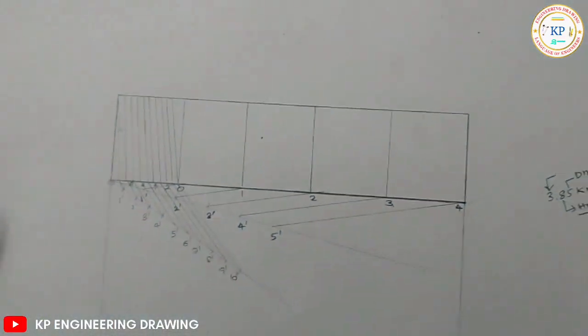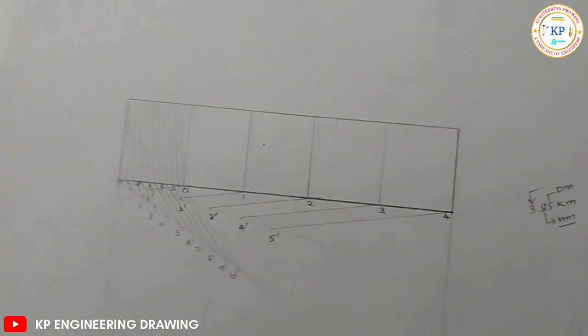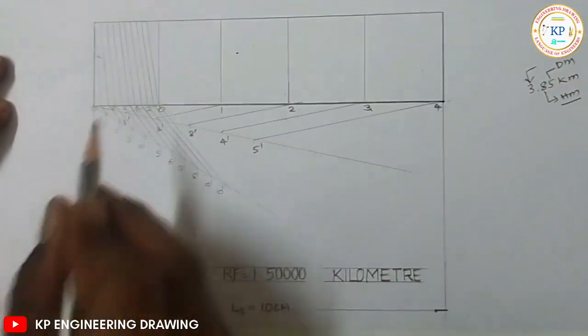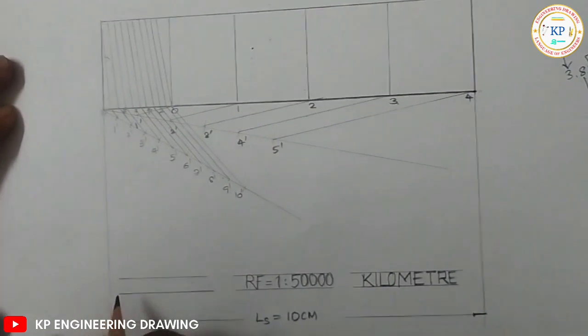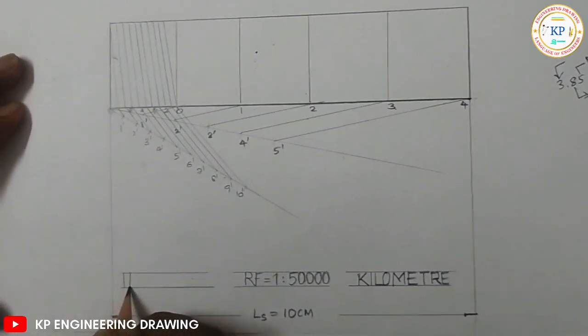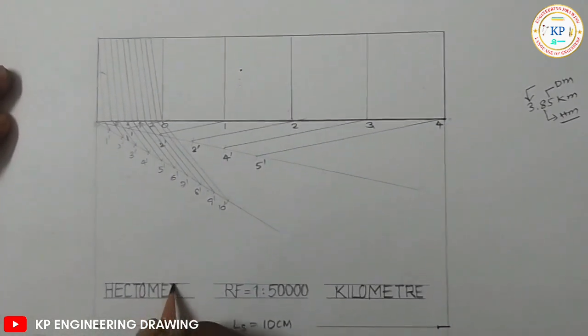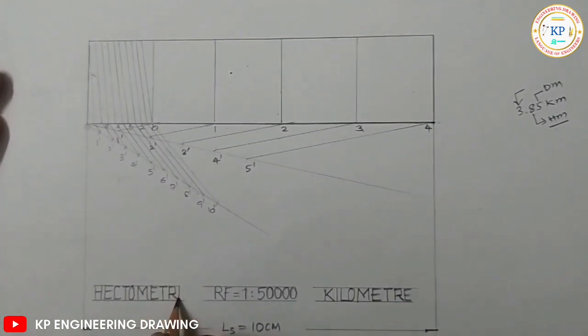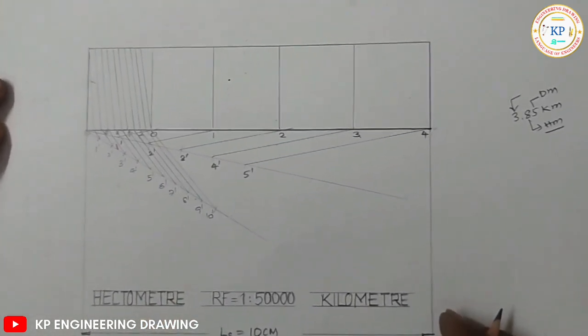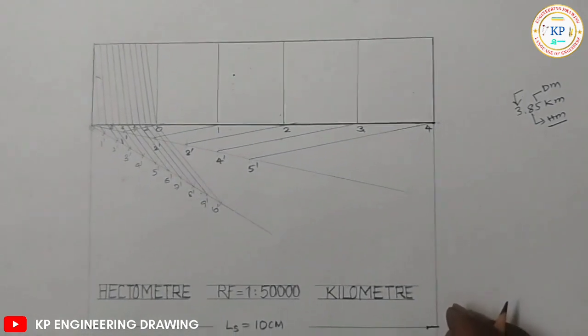So I have done all diagonal lines. This is its subscale. So this is hectometers.